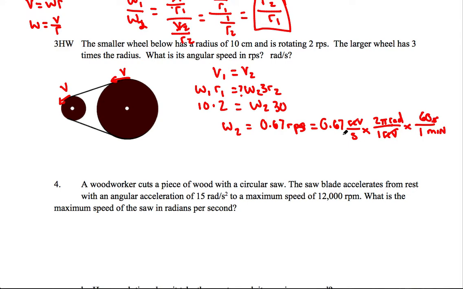So what we would do is we multiply by 2 pi. We don't have to do the minutes conversion. We just multiply by 2 pi because we're already in seconds. We were just trying to convert the revolutions to radians. And if you do that, I got 4.2 rad per second.